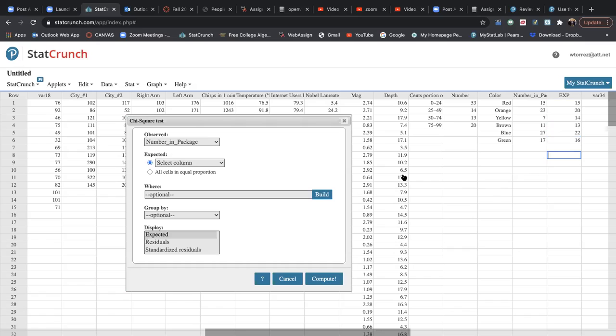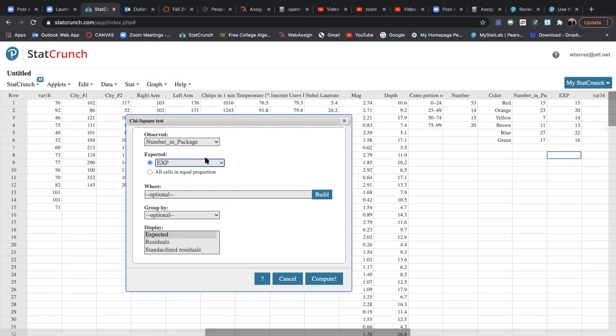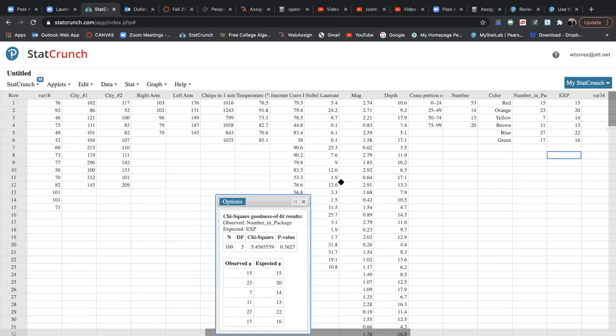Okay, and now we can do our goodness of fit. We'll select our expected values here, and now compute our statistics.